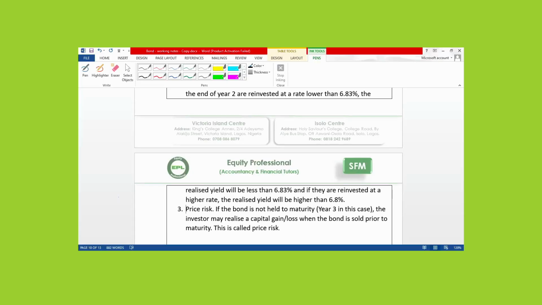We said yield to maturity. It means that the bond must be maintained until maturity. If the bond is sold prior to maturity, the investor may not realize the calculated yield to maturity.